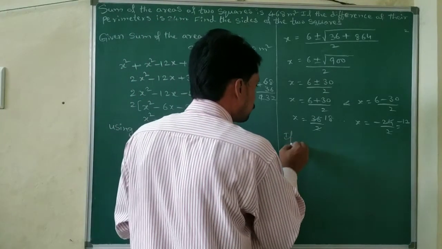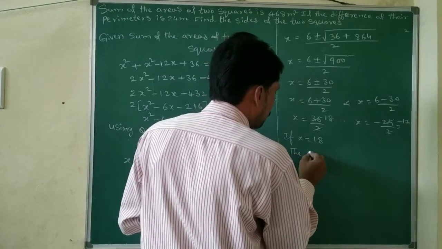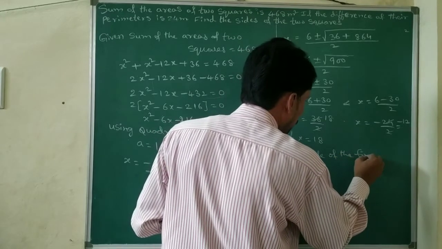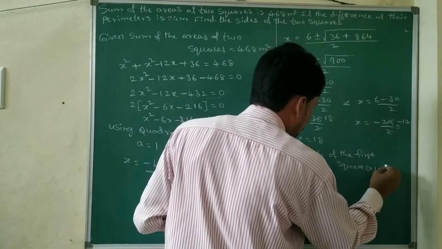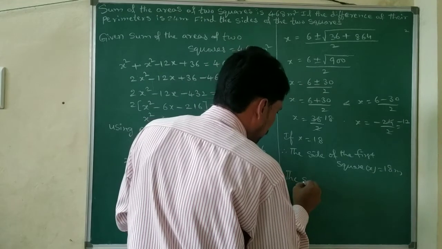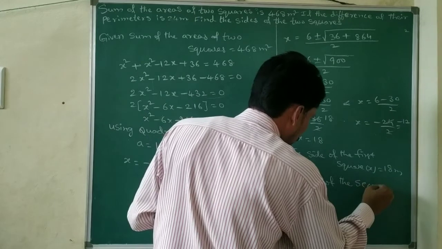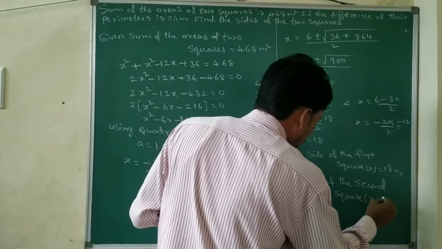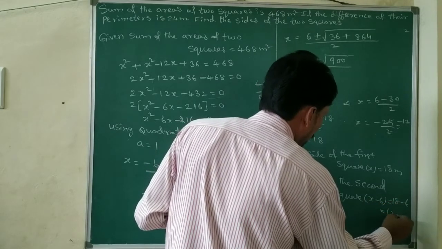So if x equals 18, the side of the first square is 18 meters, and the side of the second square is x minus 6, that equals 18 minus 6, which is 12 meters.